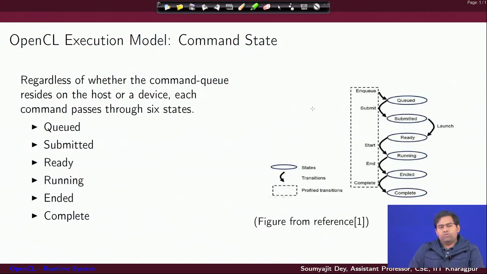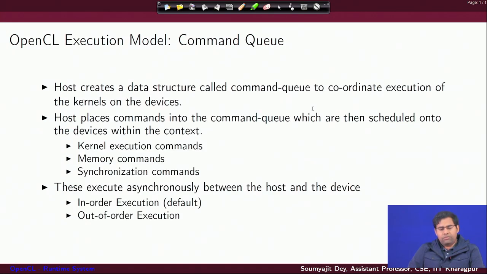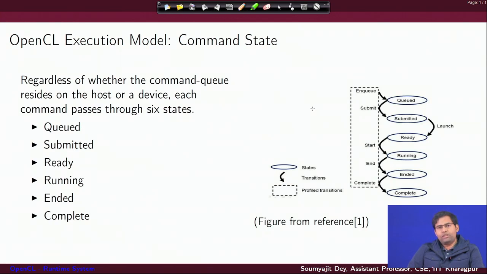Now, we have understood what a command is. Essentially it is one of the following things: kernel execution, a memory transfer instruction, or a synchronization command. These are the different possible commands that a host can issue to a specific kind of device. Once a command is issued, it goes through the following well defined states that the OpenCL runtime system understands.